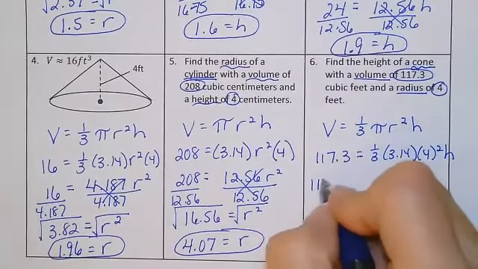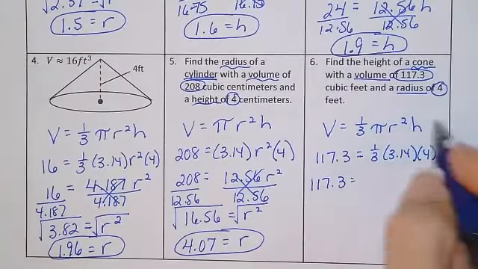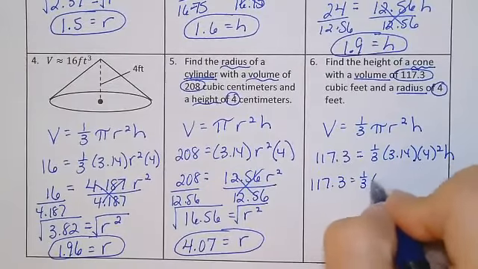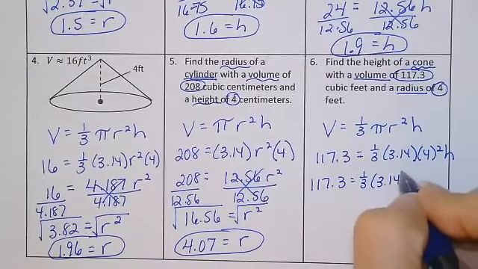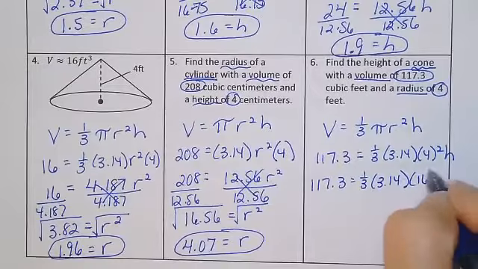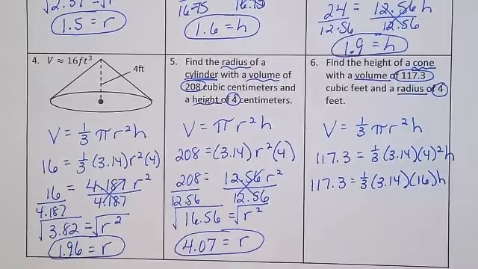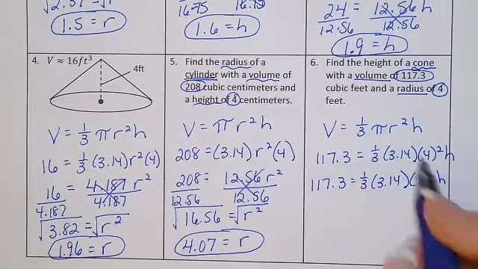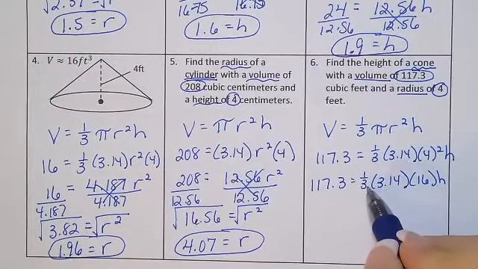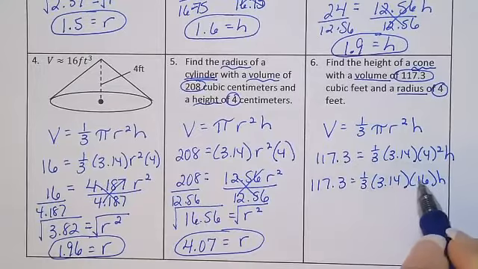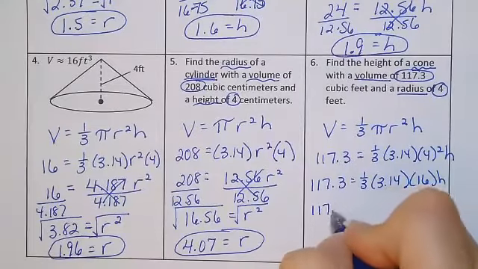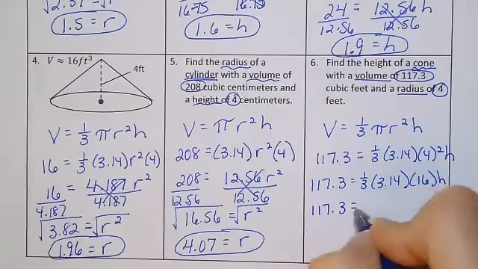Okay, so let's find 4 squared to start. And now I'm going to do 1 divided by 3 equals, and multiply it times these two.